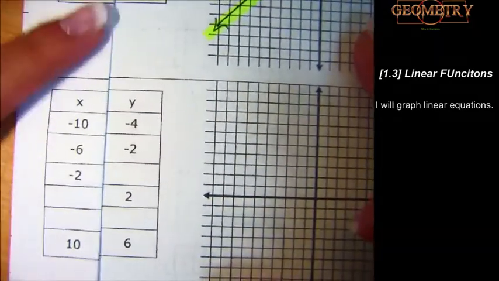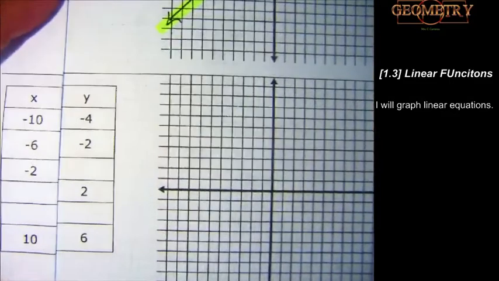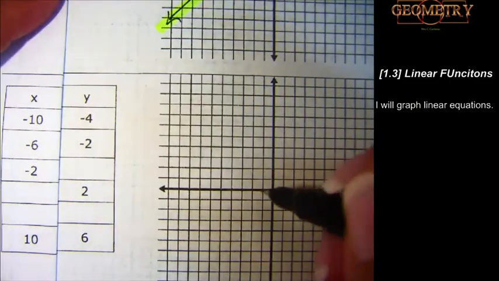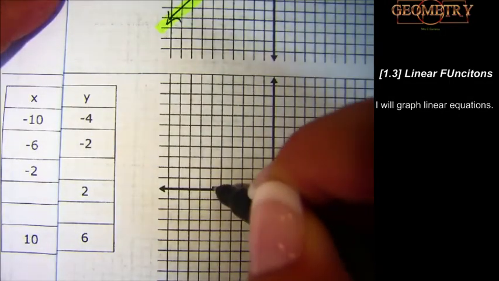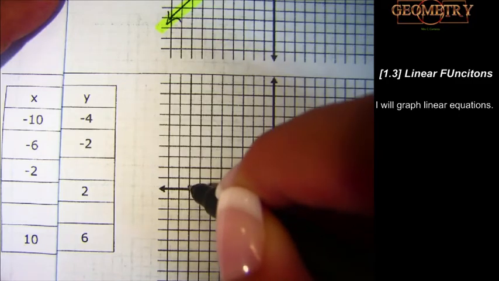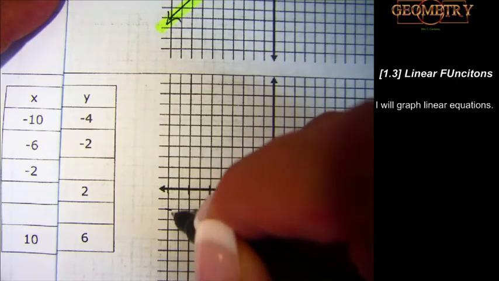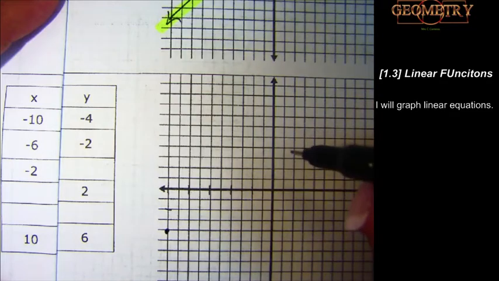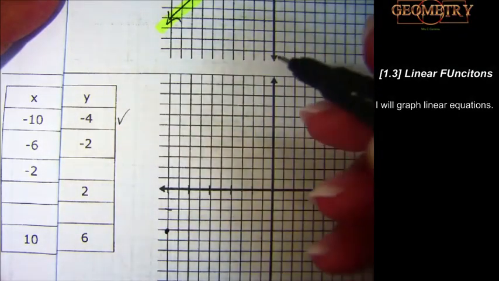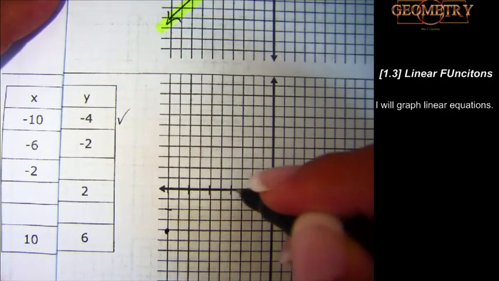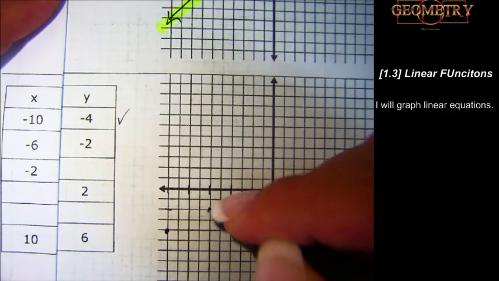Let's plot the points that I have enough information to plot. (-10, -4), and I plotted this one. I've got enough information to plot (-6, -2), so I did that one.